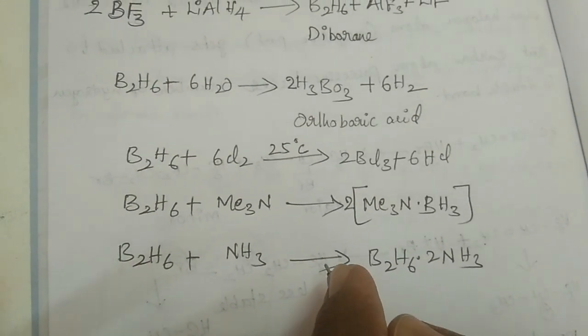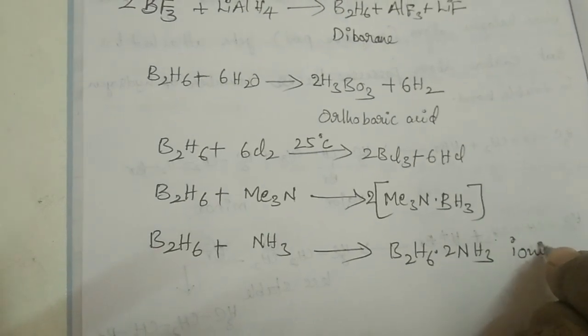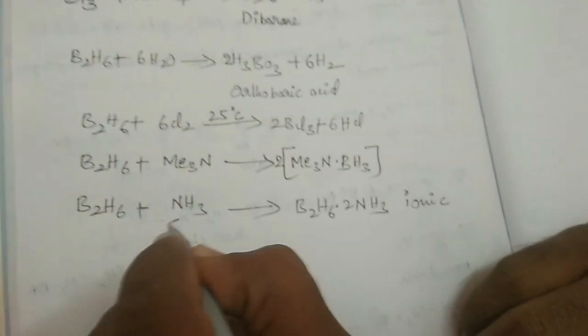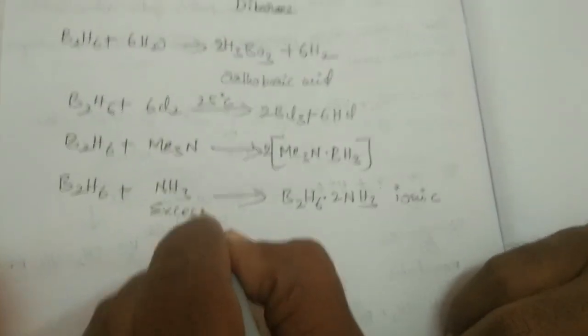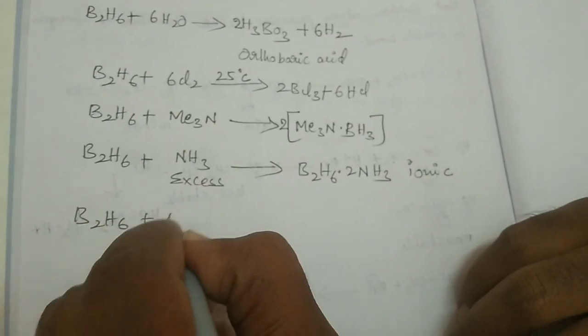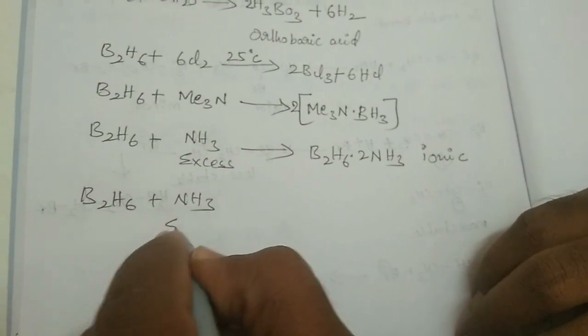This is the ionic compound. And when you take an excess, B2H6 reacts with excess ammonia.